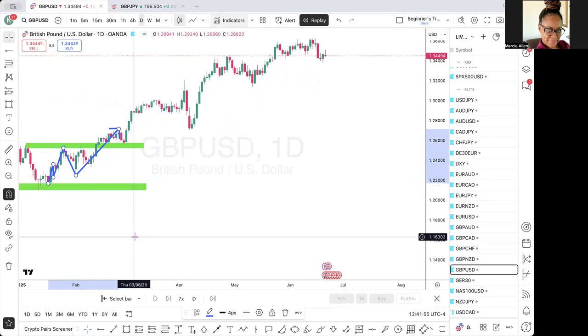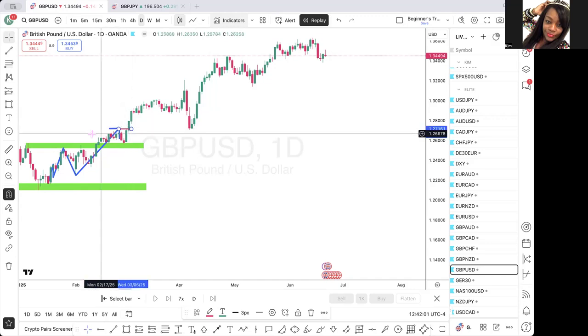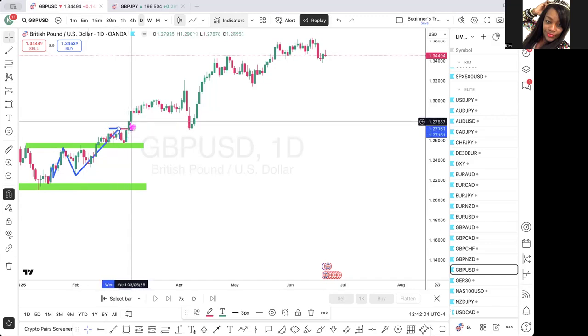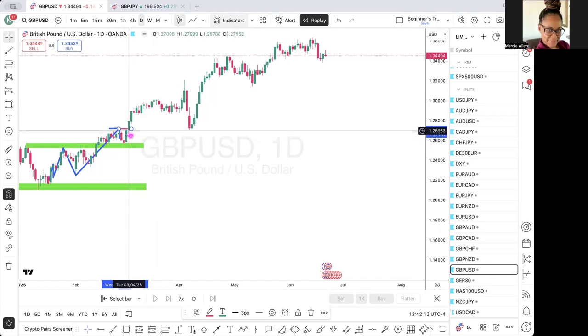So every day it broke structure here. Once price broke structure here, I'm like, okay, price is probably going to keep pushing up and maybe pull back to my zone. It doesn't.